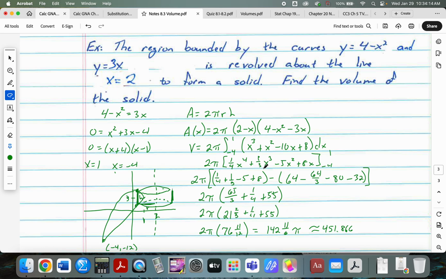1/4 plus a third minus 5 plus 8. One-fourth of 256 is 64. 4 cubed is 64, and that'll be negative. That's 16 times 5.